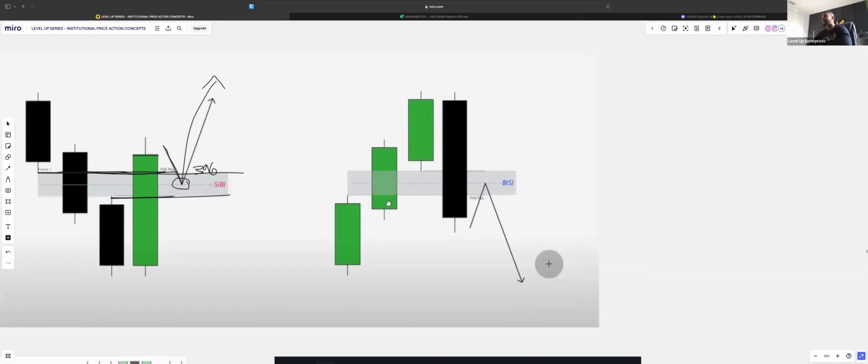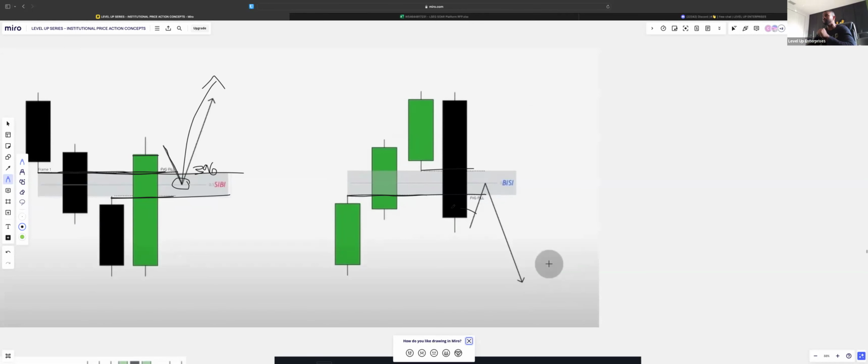So this right here is a bullish fair value gap. It's very clear. There's a gap between the high of the first candle and the low of the third candle. Why do you guys think that whenever I signal a trade within a fair value gap, I always say price cannot close below the high of the first candle? Why?